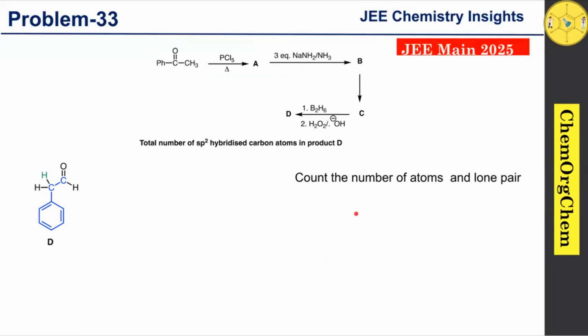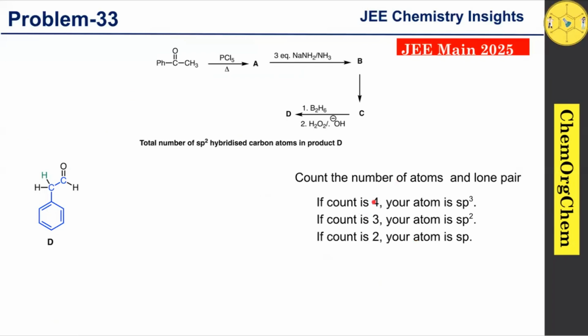If our count comes to 4, the atom is sp3 hybridized. If the count is 3, it is sp2 hybridized. If the count is 2, that atom is sp hybridized. For our convenience, we can put numbering.